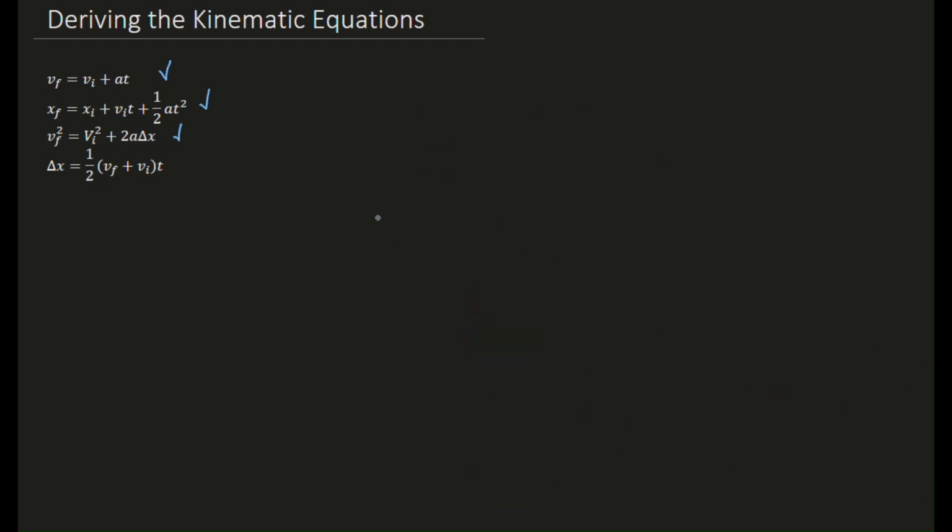My fourth equation is obtained from the first two equations. If I take the first equation, v final equals v initial plus acceleration times time, and solve for acceleration, I get acceleration equals my final velocity minus my initial velocity, all divided by time.